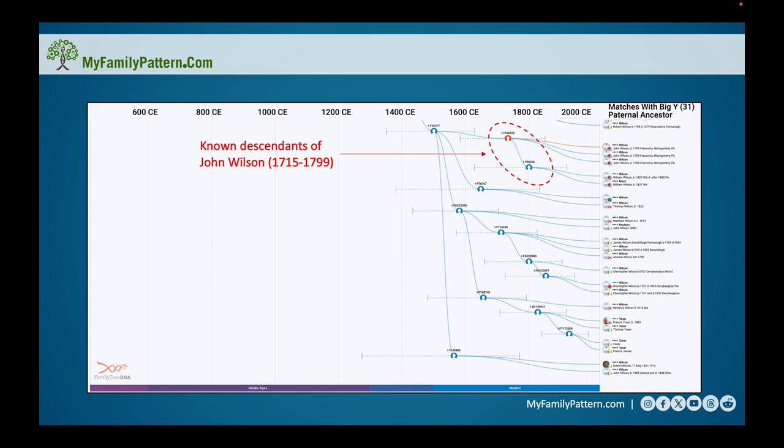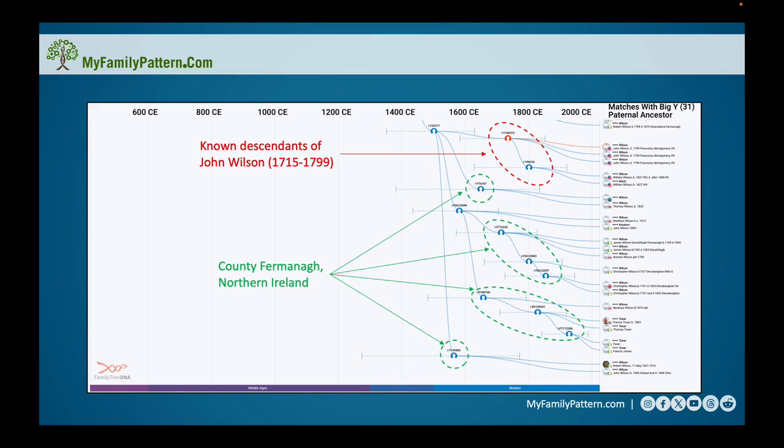But what was interesting to point out was that some of these other groups, these other branches or haplogroups, all had their earliest known ancestor from County Fermanagh in Northern Ireland, which seemed to match what my autosomal DNA test results had found.